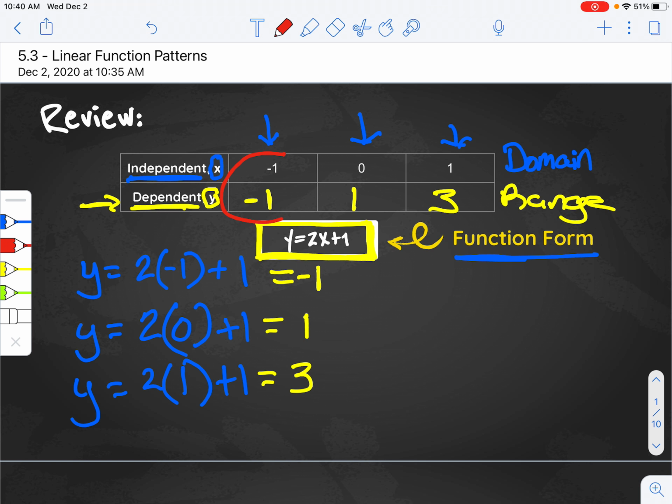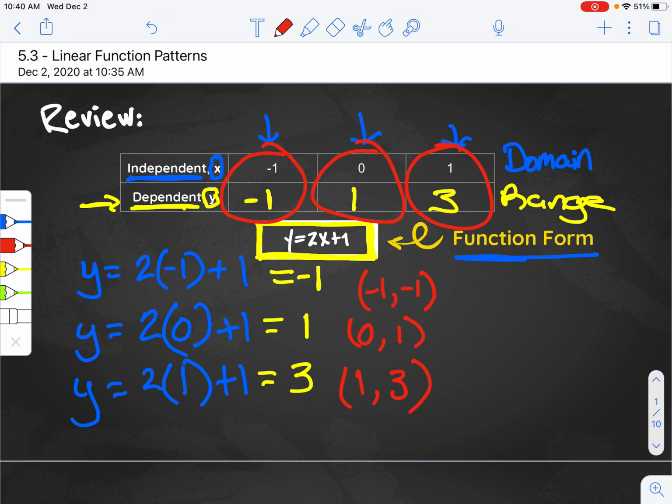As a little bit more of a review, if we take these numbers, those really give us coordinates on a graph. So that first one, we have the coordinate of -1, -1. With the second one, we have a coordinate of 0, 1. And the third group there, we have the coordinate of 1 and 3.